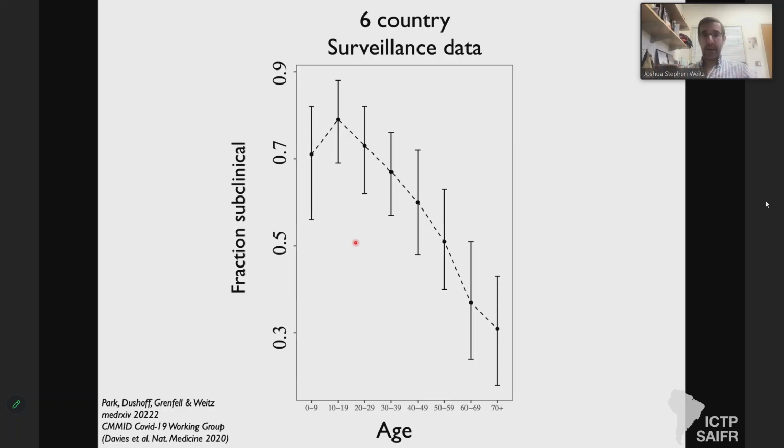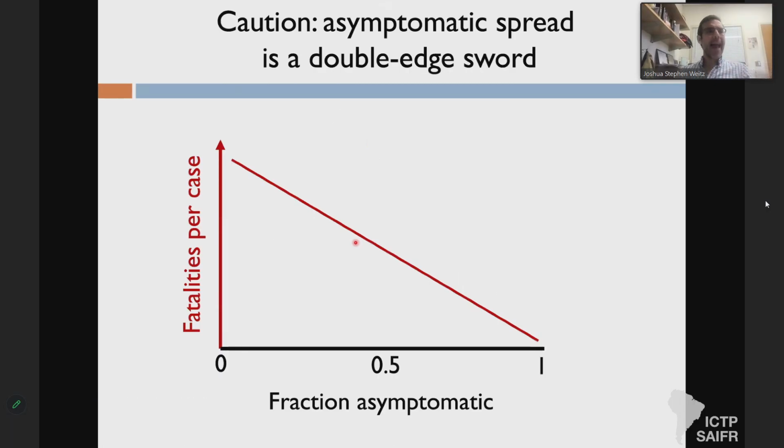What does this mean? Is this good or bad news to have all this asymptomatic spread? For the individual, it seems good. My claim is that for the population as a whole, asymptomatic transmission actually makes things worse in terms of severity. So I will make a schematic of this idea.